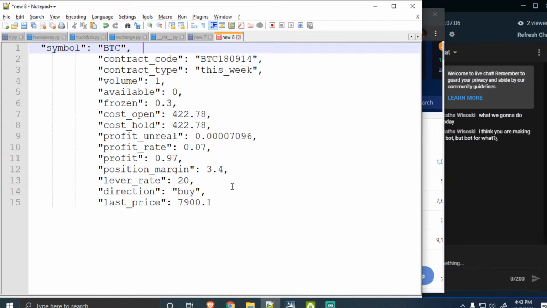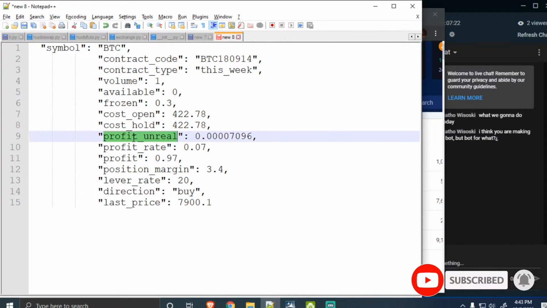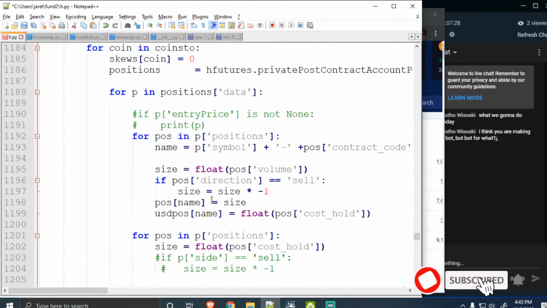So right now what I'm trying to do is create a graph that coincides with this bot so that I can see the profit and realized profit here.